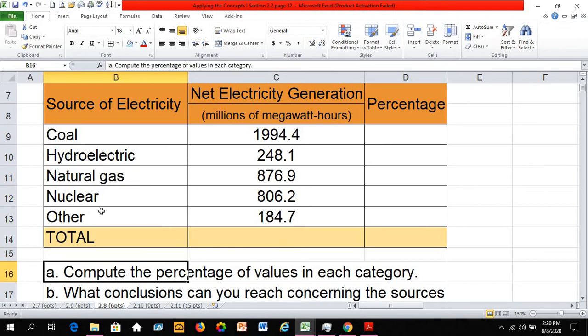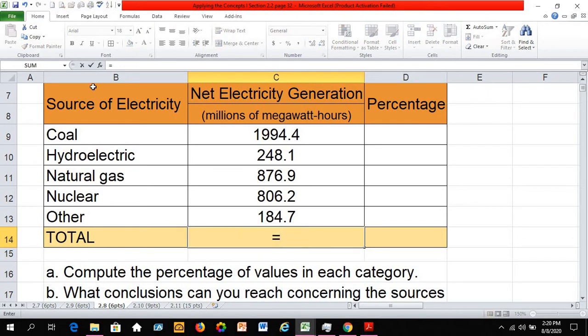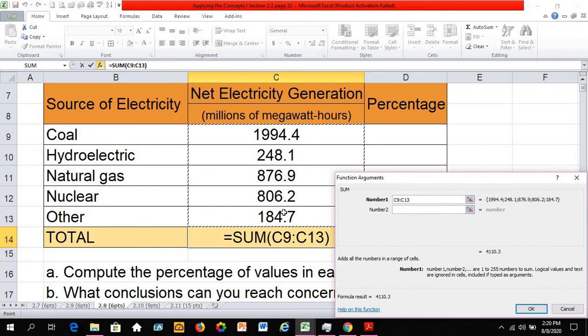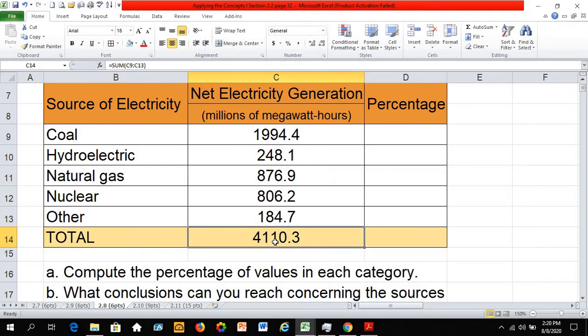Now, letter A, compute the percentage of each category, or the percentage of values. So, similar procedure: press equal sign, look for sum, select the cell, then press enter. So our total is 4,110.3 millions of megawatt hours.